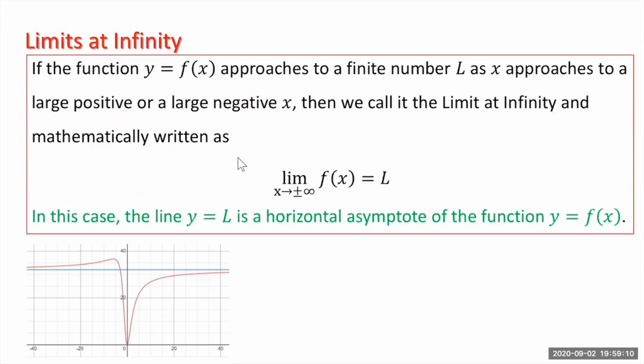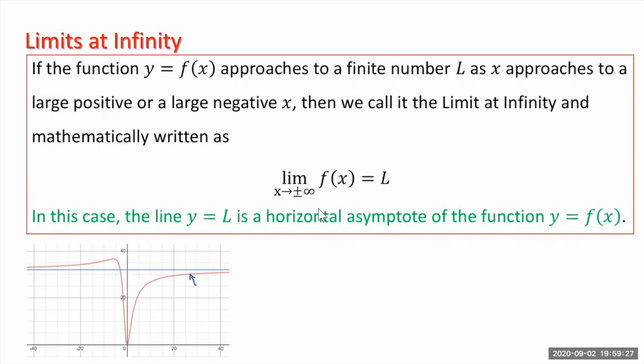Mathematically, we write this as the limit as x approaches positive or negative infinity of f of x equal to L. So if I want to represent this graphically, here I have the graph of the function y equal to f of x.